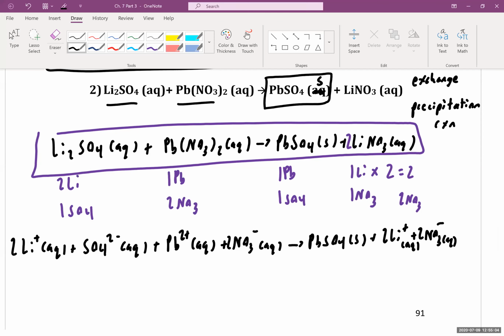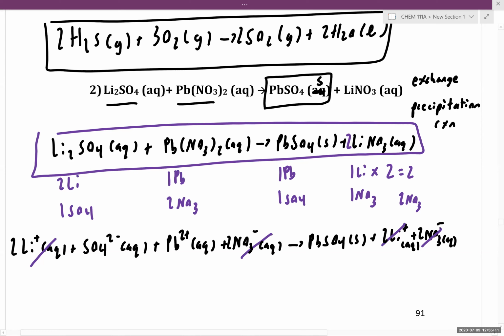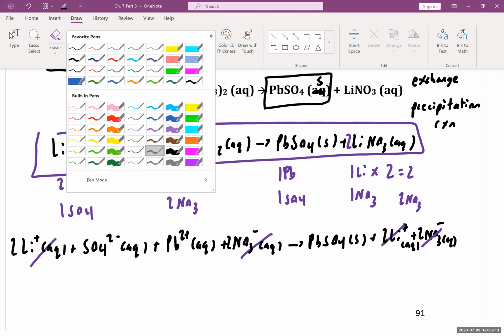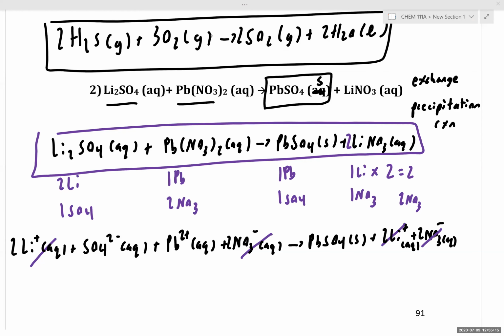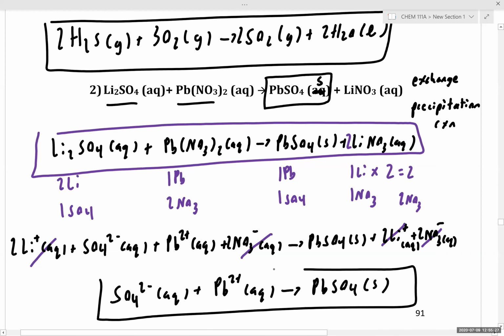Now we cancel our spectator ions. And as we discussed previously in earlier lectures, the net ionic equation for a precipitation reaction can often be simplified down to the combination of the 2 ions found in your precipitate. Does this example make sense to everyone so far?